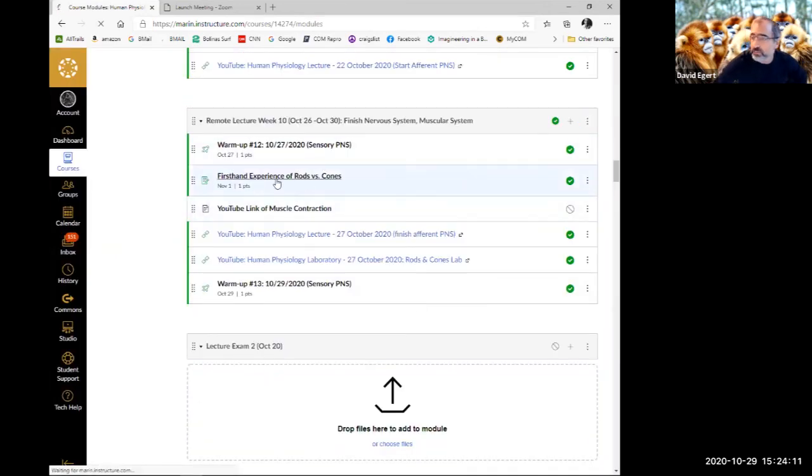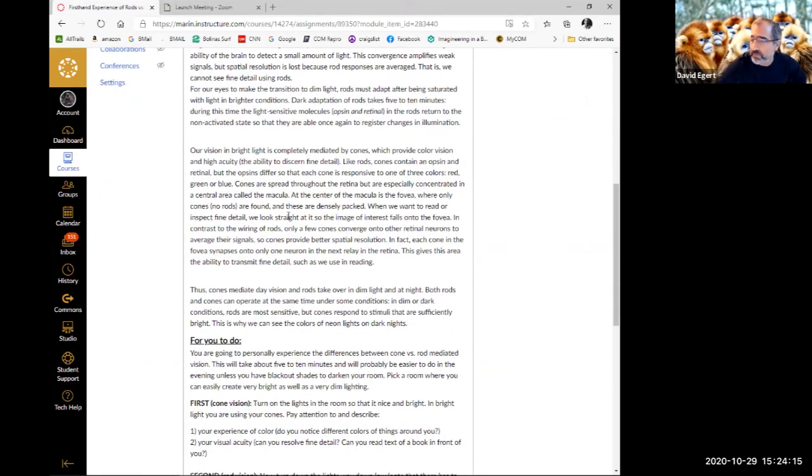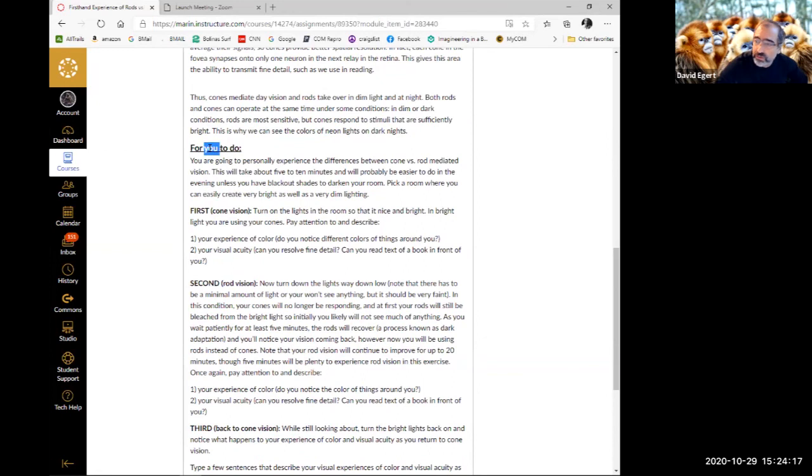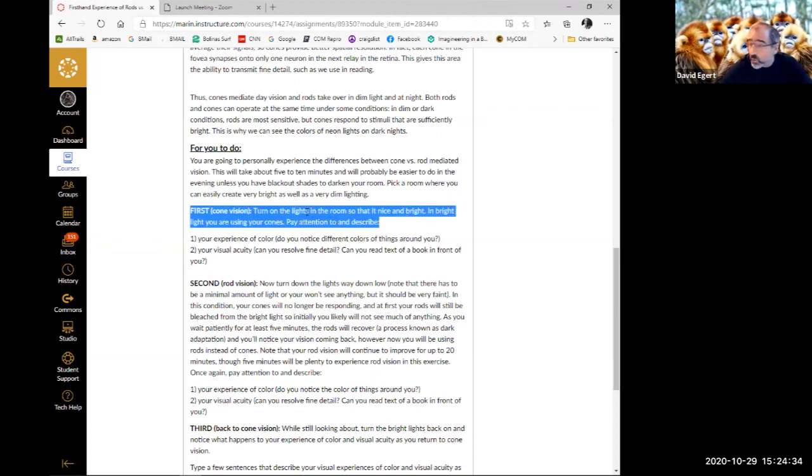So the firsthand experience of rods and cones is basically just for you to do, and this is only going to take you a few minutes. I talked about the differences between rods and cones, but I really want you to experience it. Normally we do it together in class, but we can't, obviously. So pay particular attention to color, whether things are colored or not colored.